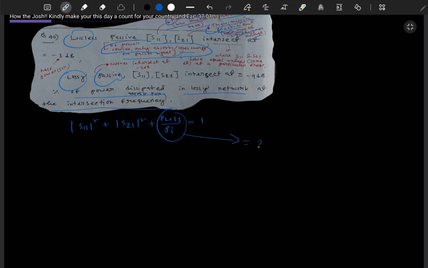This we want to find out. This factor will not be there in case of lossless, only in lossy. Because S11 and S22 intersect, so they are the same.